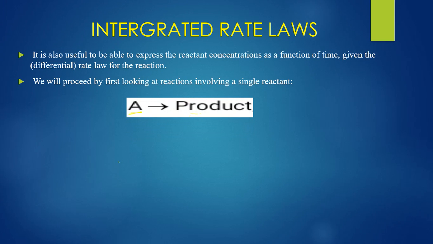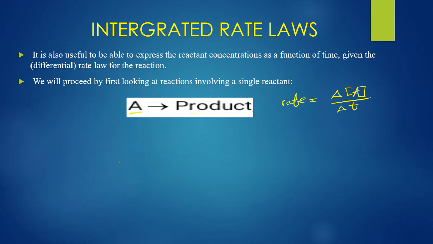This reactant you are seeing here is decreasing with time in order to form this product, which is increasing with time. If you watch the first video, I talked about the reaction rate. Reaction rate is the change in the concentration of the reactants consumed or the products formed over a period of time, over change in time.